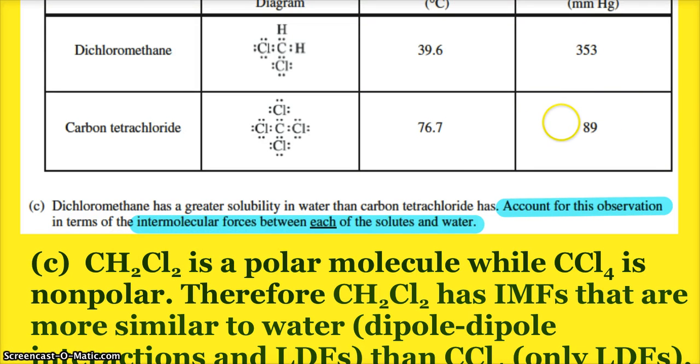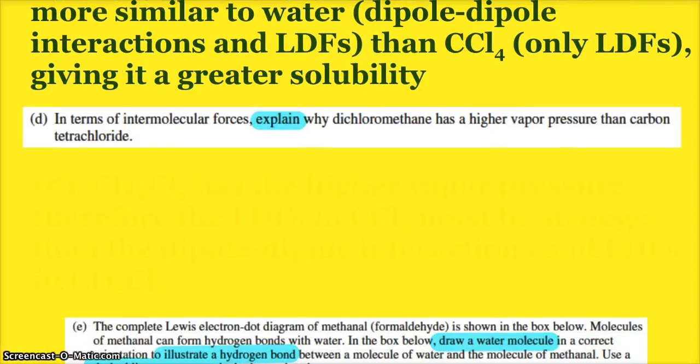So the carbon tetrachloride has a very low vapor pressure because those IMFs are holding the liquid together. Compared to dichloromethane, which even though they're similar to water and allows it to be soluble, they must be weaker because many more dichloromethane molecules are escaping to the vapor phase, giving it a high vapor pressure.